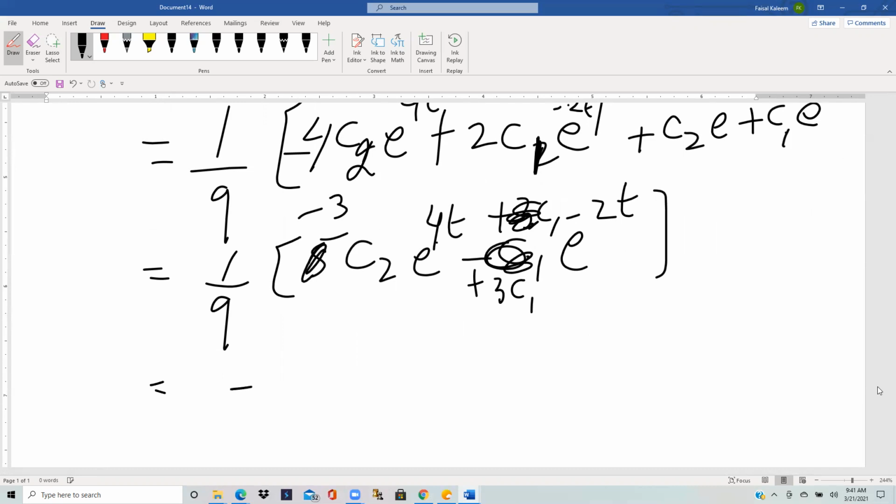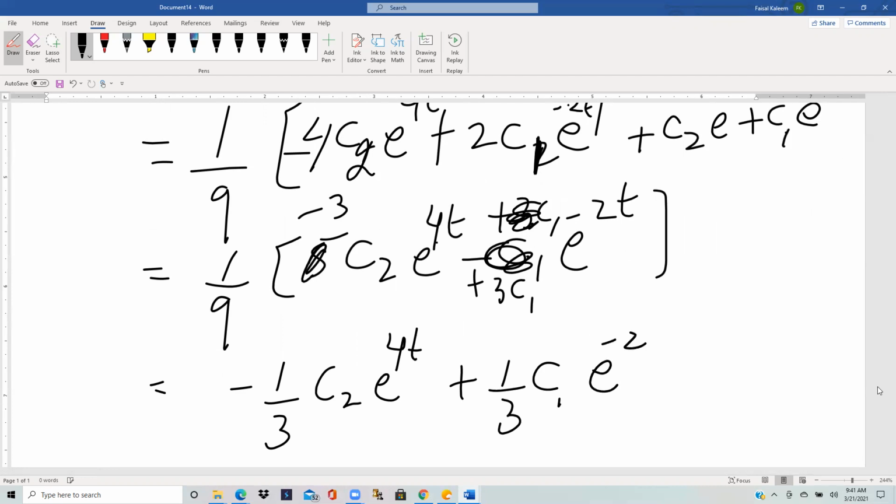So this one is negative 1 over 3 c2 e to the 4t and then plus 1 over 3 c1 e to the negative 2t.